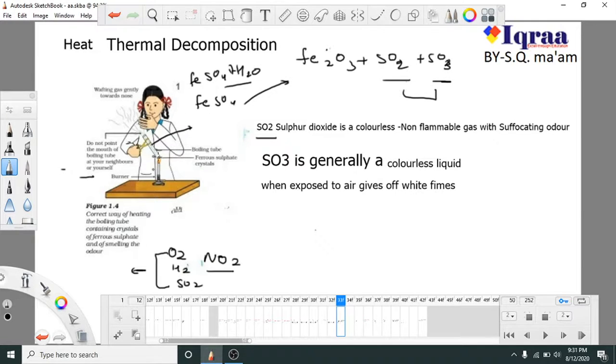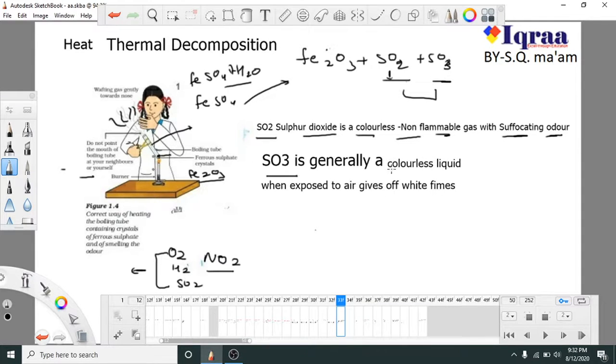So here the Fe2O3 will remain because it is a solid, and two gases will come out, that is SO2 and SO3. Now confirmatory test for SO2. This is sulfur dioxide. It is colorless, non-flammable and has a suffocating odor. Suffocating, something like when you burn a matchstick and how it feels. So always keep your face away from test tubes.